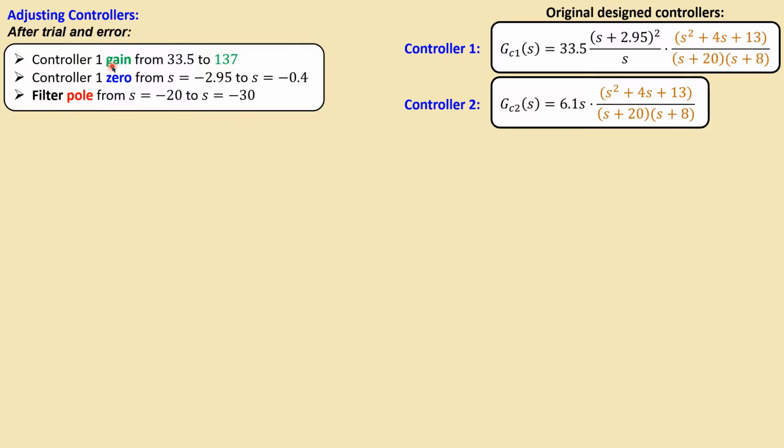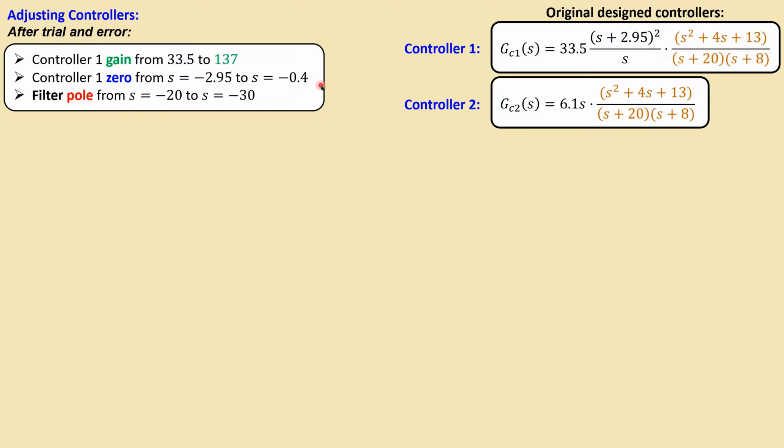So in controller 1, I changed the gain from 33.5 to 137. This is what I get from tuning, not what I have made up. So this can be, of course, maybe also possible for 140. I've changed a 0 from this value to that value. This was actually the most time consuming part.